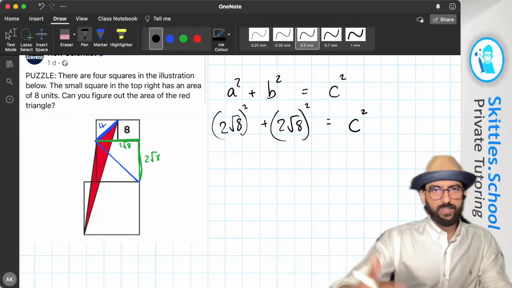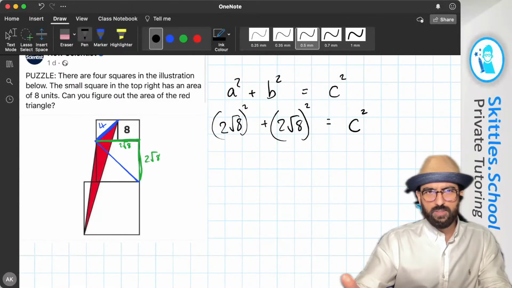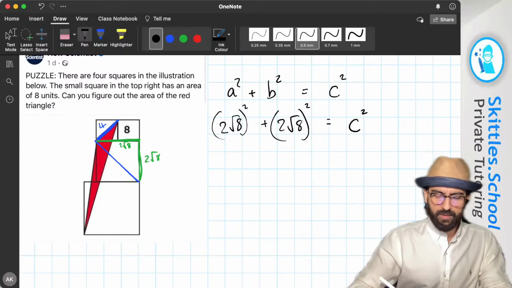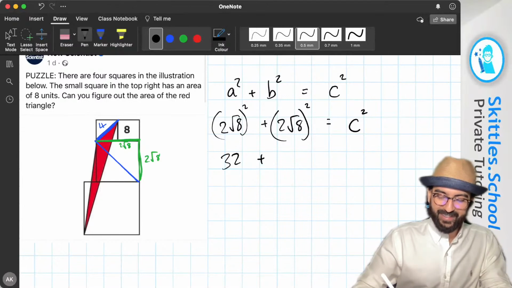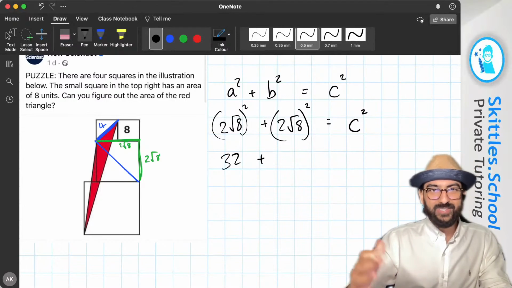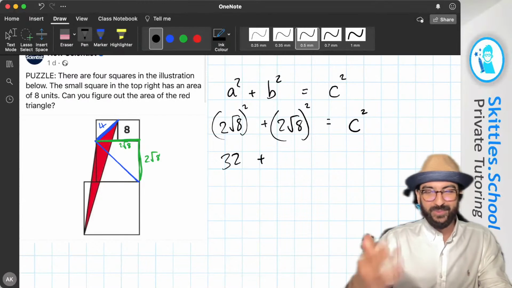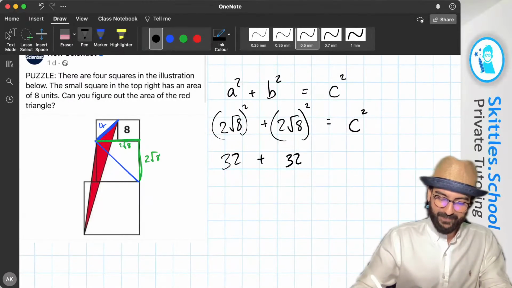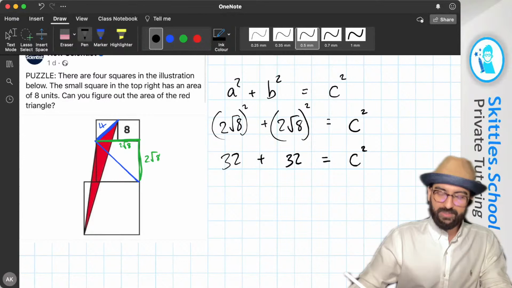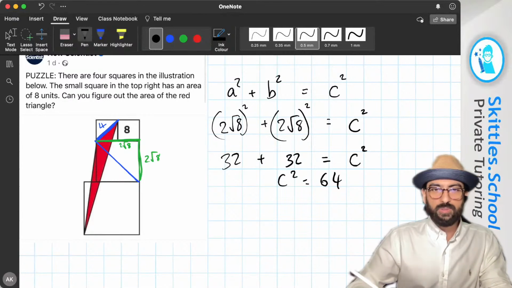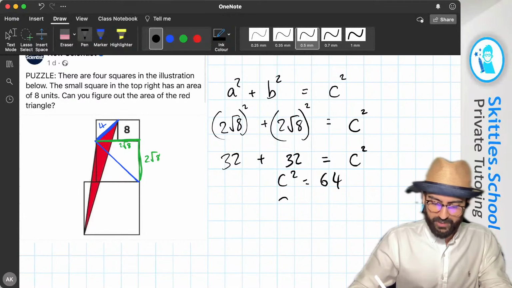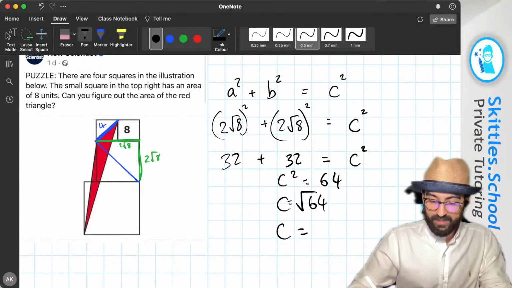Root 8 squared is 8, 2 squared is 4, times them together makes 32. And that's for each, so c squared equals 64. Therefore c is root 64, and c is 8.